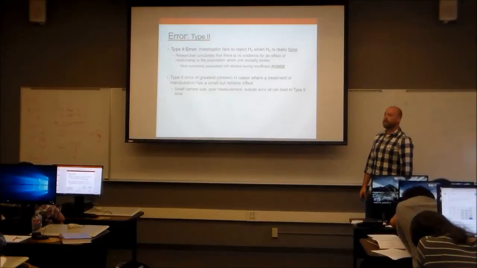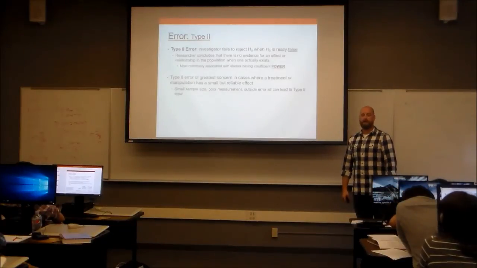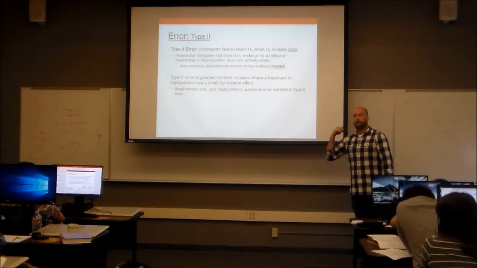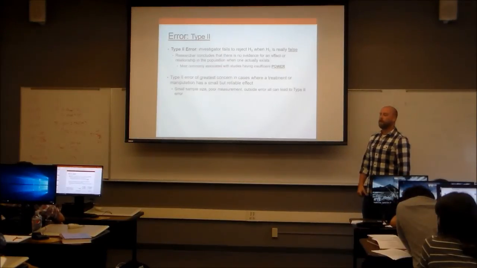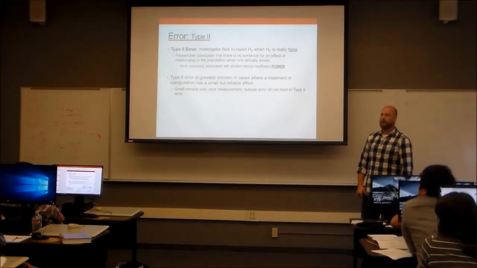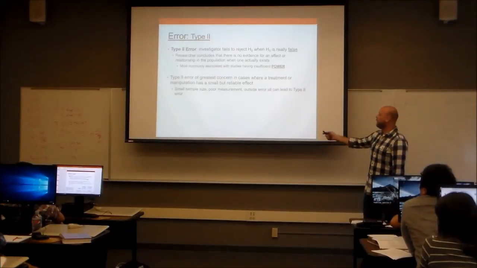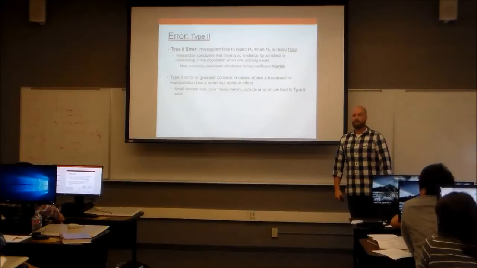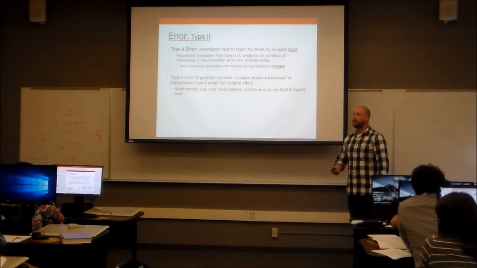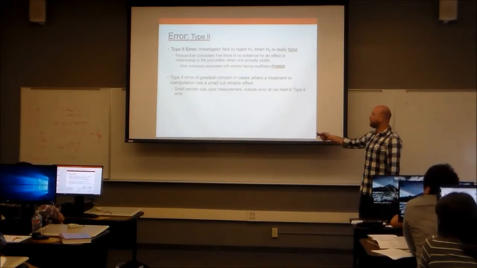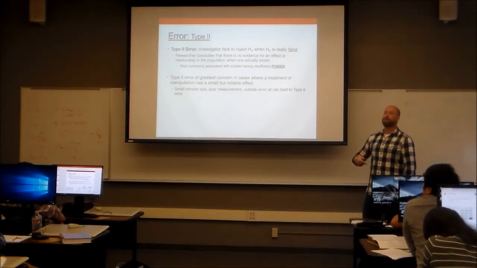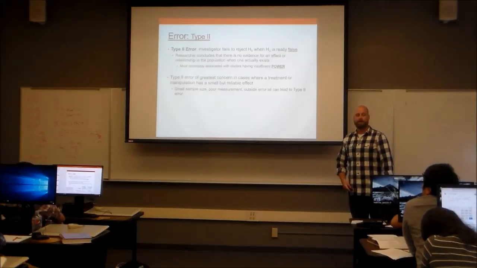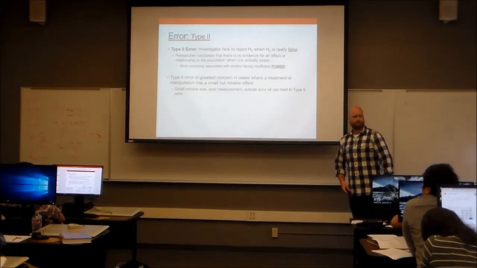Outside error, these are things like your RAs aren't trained well and are screwing things up, or they're doing work on the wall inside your lab and people are banging stuff around, right? Outside stuff, people don't enter data reliably, right? So people are kind of making stuff up as they go along, not coding things reliably. These are all things that can start to increase the static in your study, start to jack up your opportunities for a type 2 error.